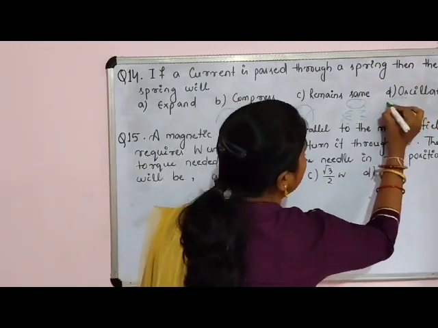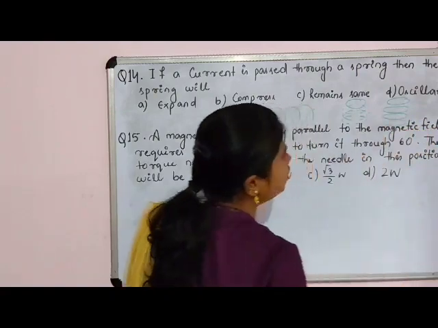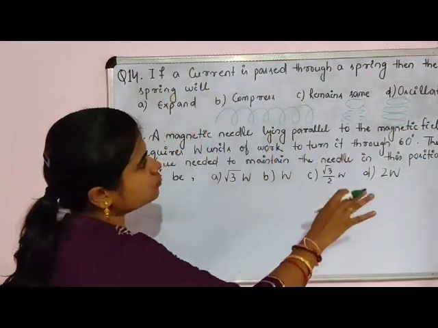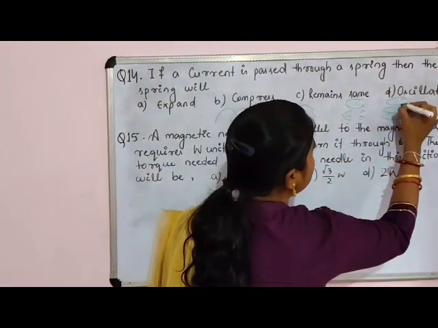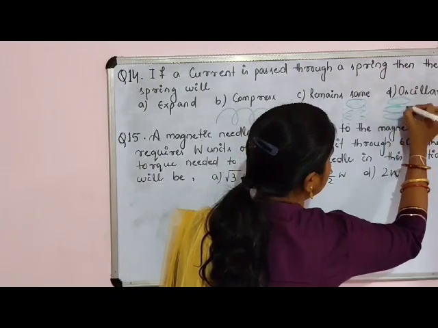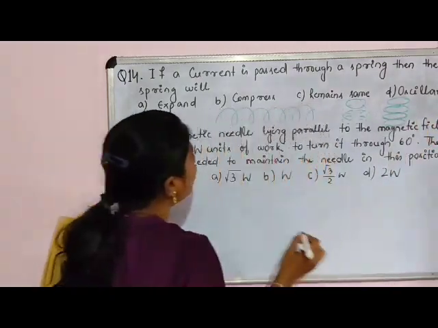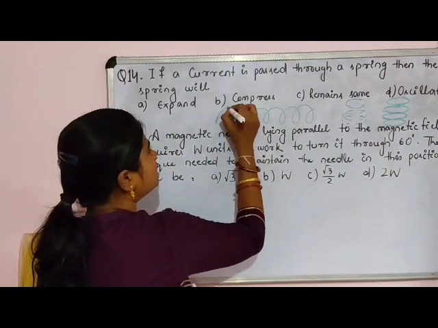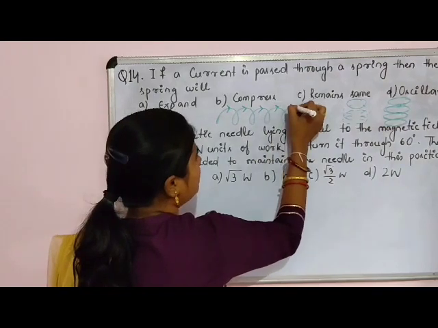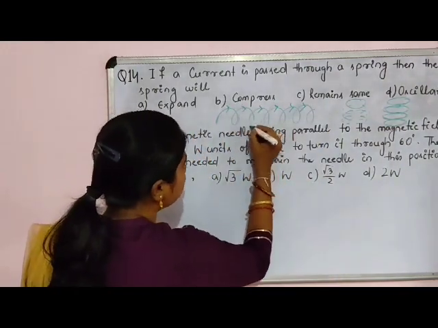So there are circles one by one that we can imagine for a spring, and it is saying that the current is passing through the spring. So when the current is going in this direction, at the second turn also it is going in this direction, again this direction, again this direction. Or here also you can see at this point in each turn the current is going in the same direction, right? Going this way, again this way.